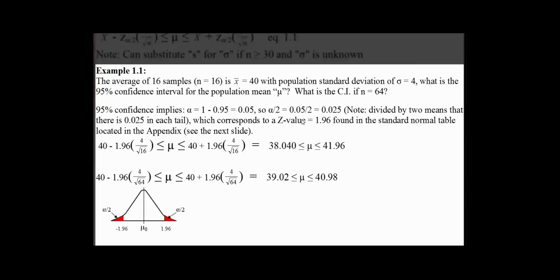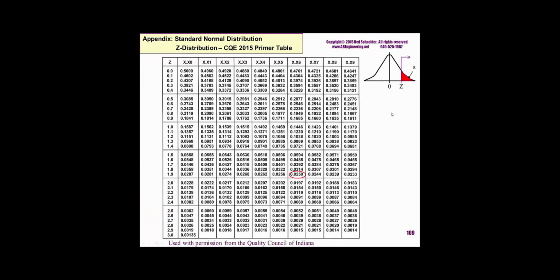Next, we want to go to the z-table and understand what z-value corresponds to a 0.025. So, if I'm looking for a z-value that corresponds with 2.5% to the right of that z-value, then I can look at the body of the table here, and I can see that at 2.5%, which is proportion 0.0250, corresponds to a z-value of 1.96.